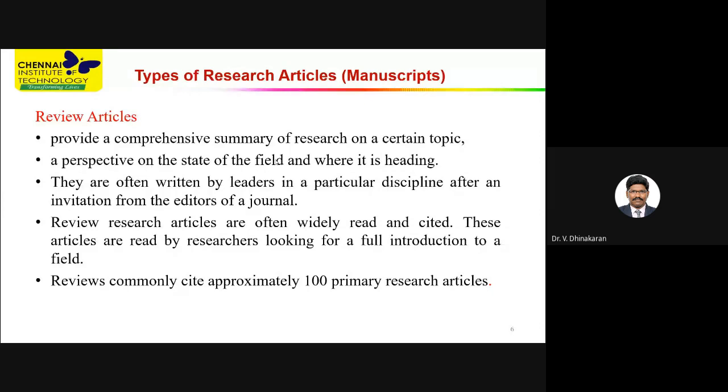In a review article, more than 100 articles published by earlier researchers will be collected, and a summary of the research will be written as an article. For a review article, you should have a minimum of 100 primary research articles. That means 100 primary research articles should be collected to write a review article.